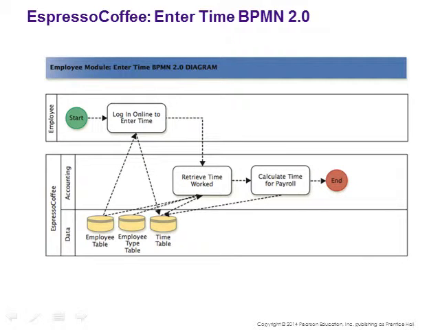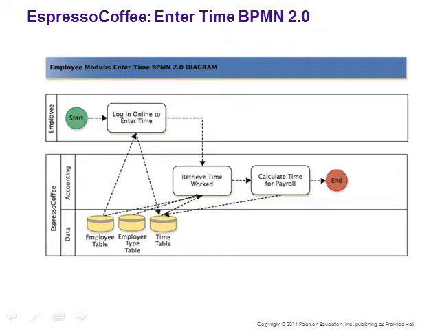The BPMN provides us with a little more information in that we then assign the employee swim lane to show that the employee logs on to enter time, which is more detailed, and it could require customization of the baseline system. They enter their time, which accesses employee data in the data swim lane, and also updates time in the timetable in the data swim lane.